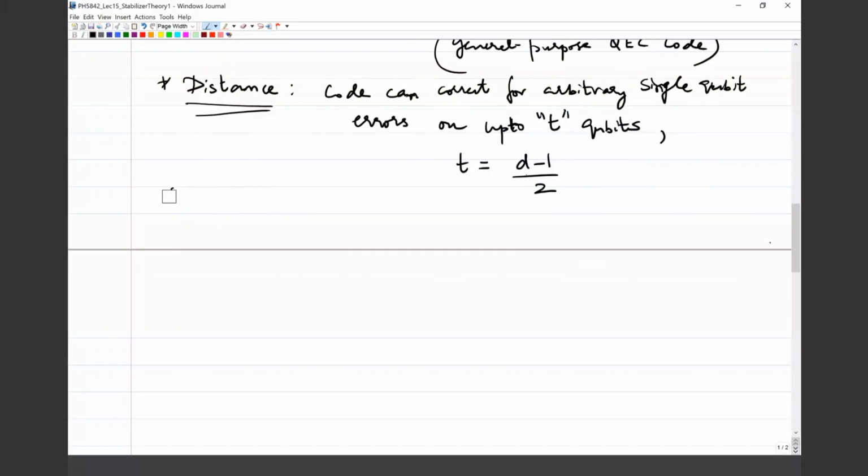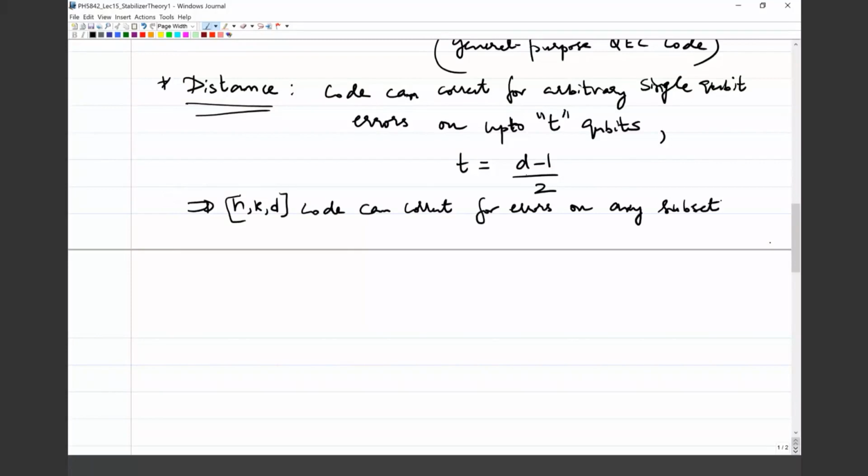So let me write this in a different way as well. The NKD code can correct for errors on any subset of T or fewer qubits, obviously T is less than N, right?